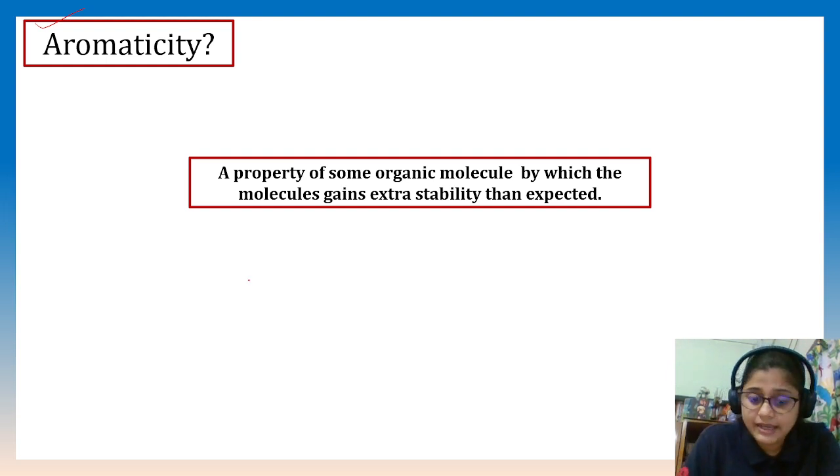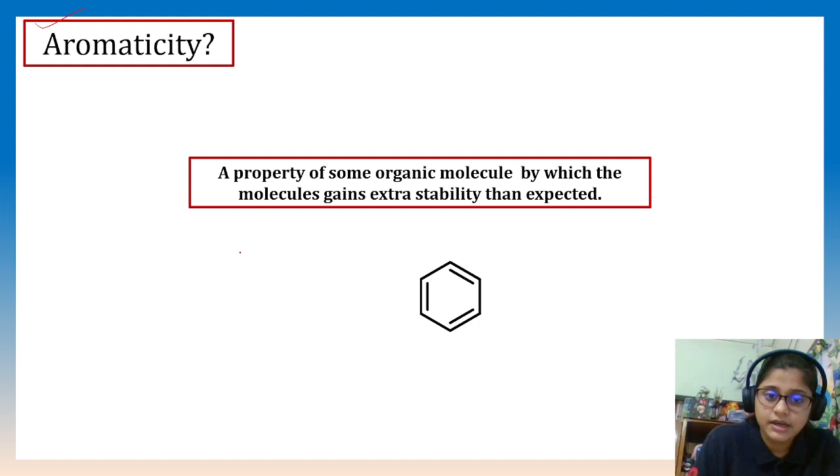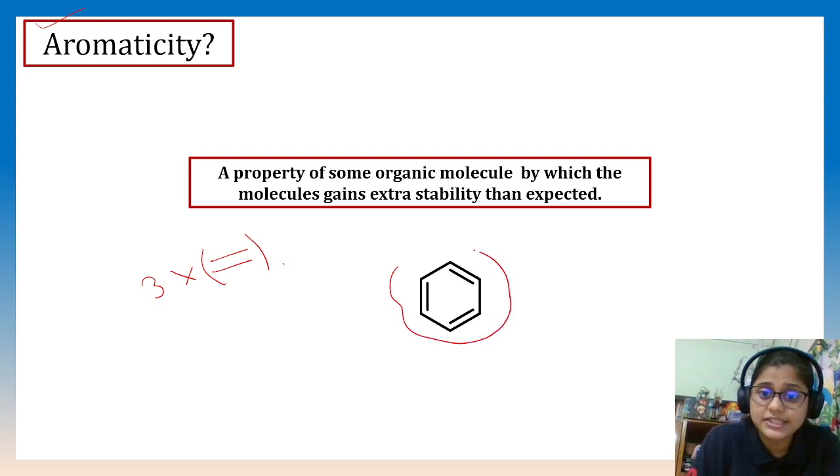So it wants to say that benzene is extra stable compared to joining three ethylene molecules. The stability of these three ethylene molecules combined will be less than benzene. So it has some extra stability, so it is aromatic.